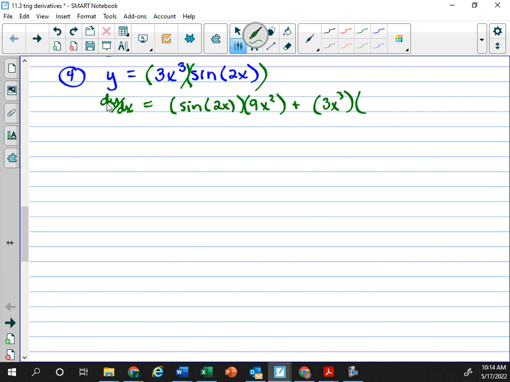So what's the derivative of sine? Cosine of 2x times what? 2, okay. So your answer should be 9x squared sine of 2x plus 6x cubed cosine of 2x.